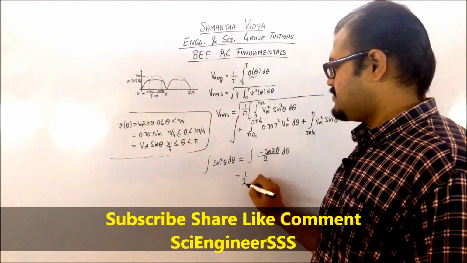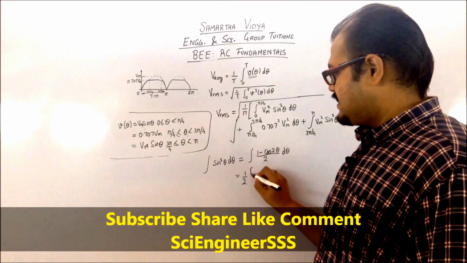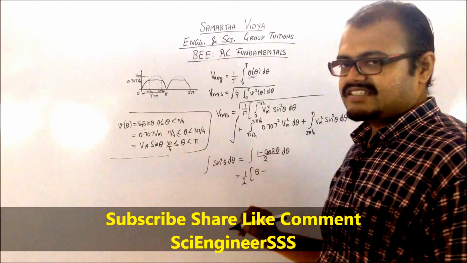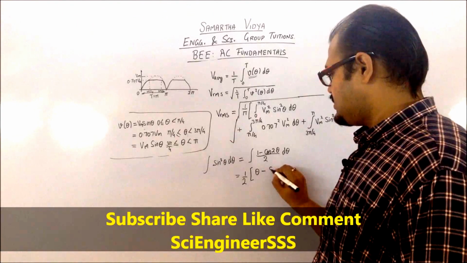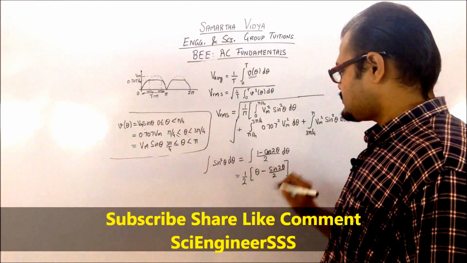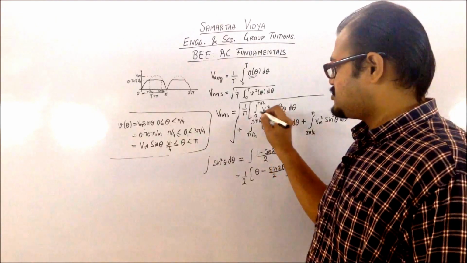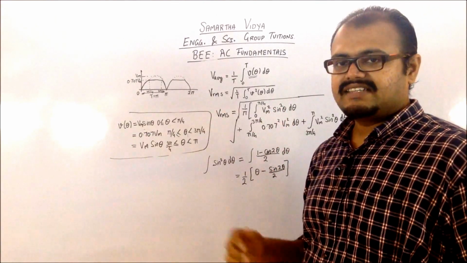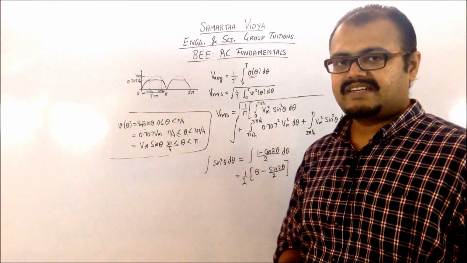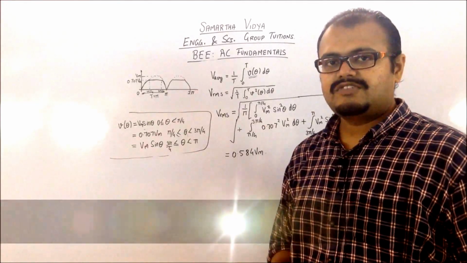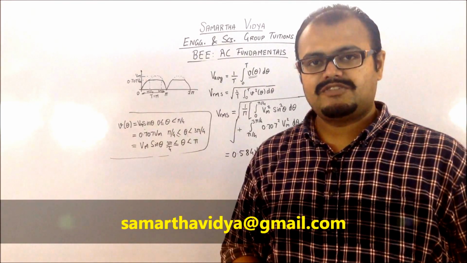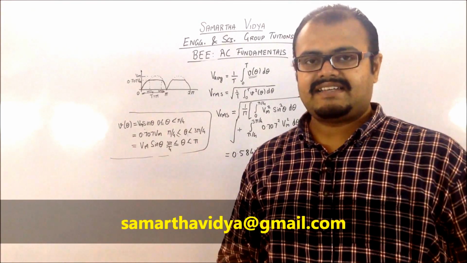You can take the 1 by 2 outside, then it's the integration of 1, which is theta, minus the integration of cos 2 theta, which is sin 2 theta divided by 2. You substitute these values and then substitute the limits in the appropriate manner. So you will get the value of your RMS as 0.584 Vm. This is basically how you find the average value and the RMS value.